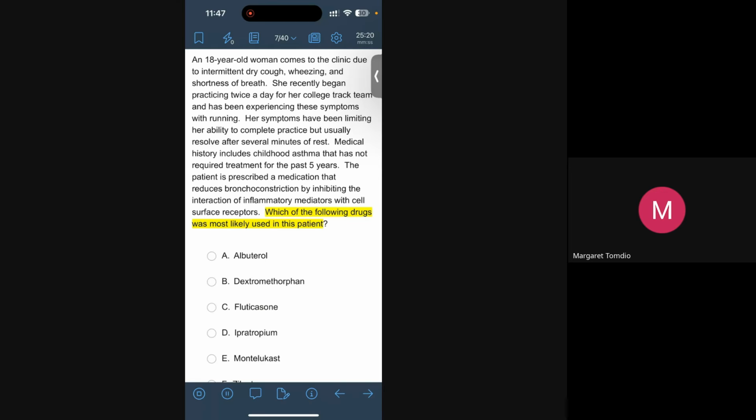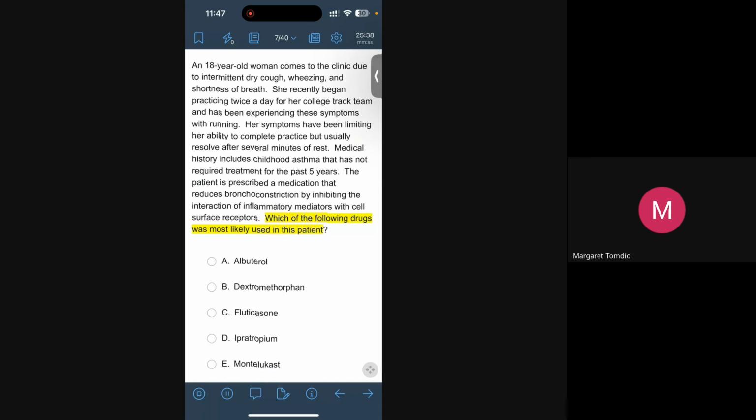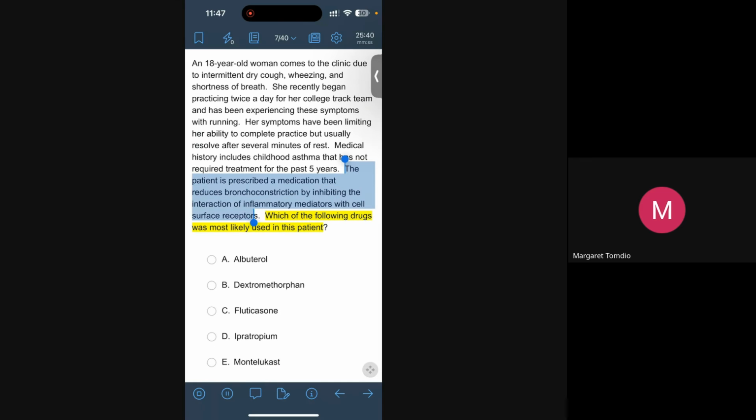A 10-year-old comes with intermittent symptoms.